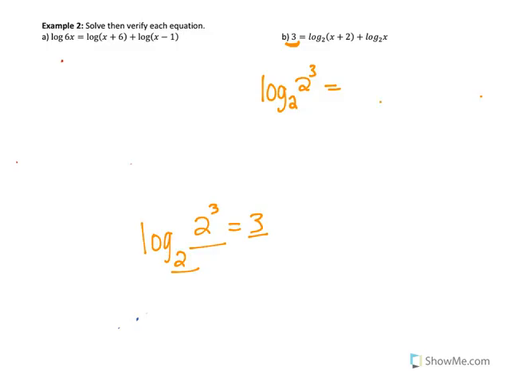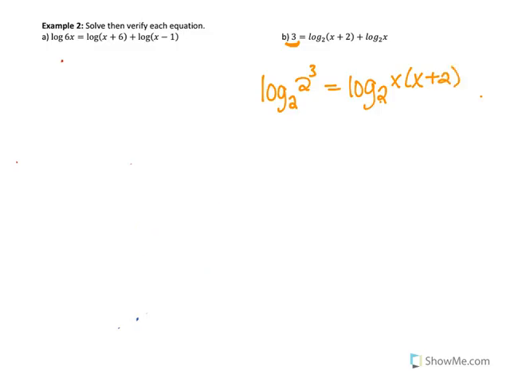On the right side, what I'm going to do is combine those into one logarithm. So I have log base 2, it's adding, so I'm going to multiply, so x times x plus 2. And now that I have logs with the same bases, I do not need to write them anymore. So I have 2 to the power of 3 equals x times x plus 2.